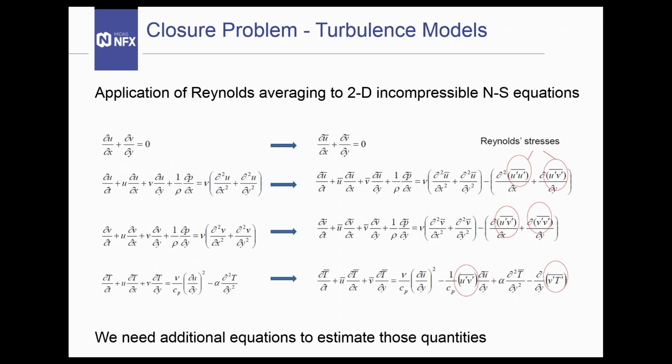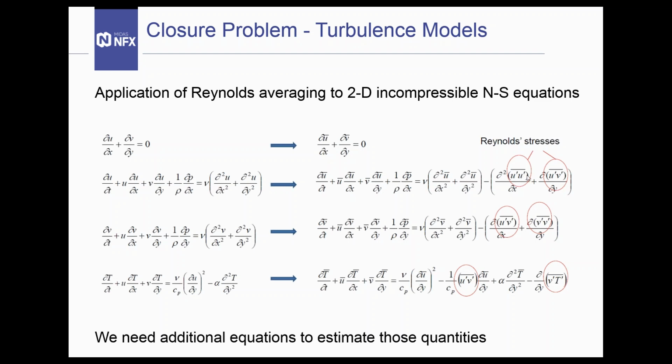So what are we doing basically in CFD? On the next slide, I'm presenting the application of the Reynolds averaging equations for the 2D incompressible case. This set of equations has several forms, but the problem present in CFD simulation is to find those quantities which are called Reynolds stresses.